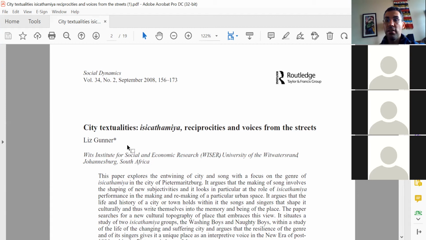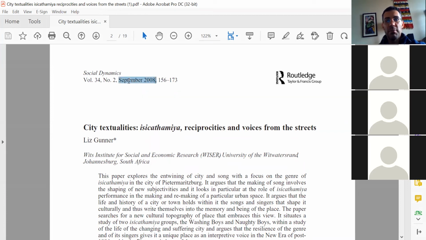Can you see the date on this page? Yes, and we can see the date on the top. September 2008. Okay, good.